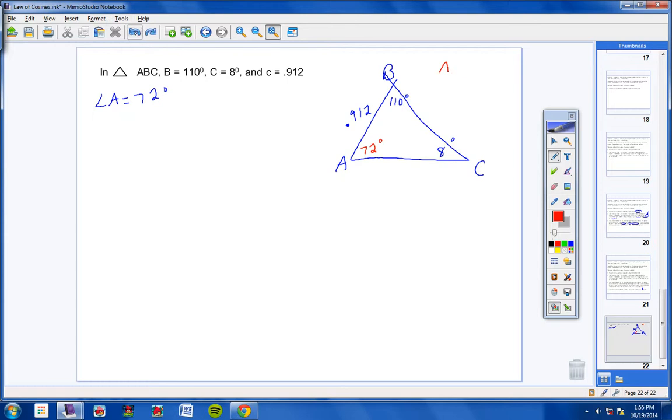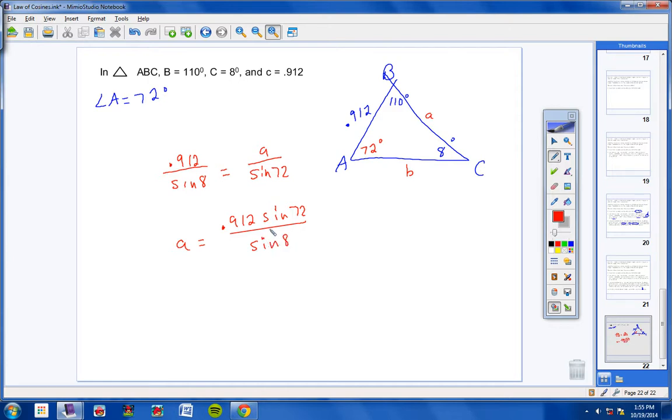So here we go, law of sines. I have 0.912 over sine of 8 equals... Now it really doesn't matter if you solve for B or A. I'm going to go ahead and solve for A. So A over sine of 72. Cross multiply and divide, and you'll get 0.912 sine of 72 over the sine of 8.